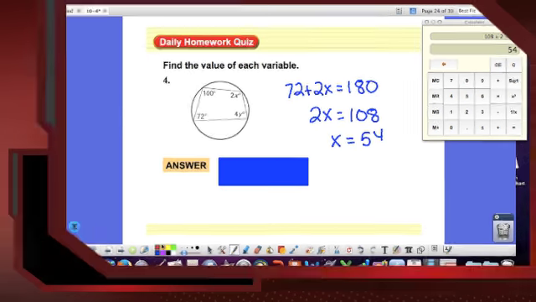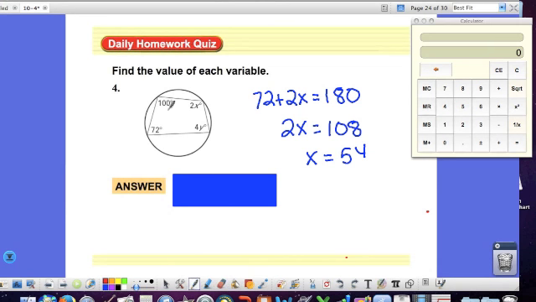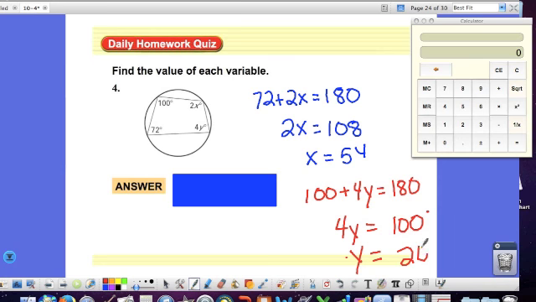And for y, 100 plus 4y equals 180. Subtract 100 from both sides. 4y equals 80. So y equals 20.